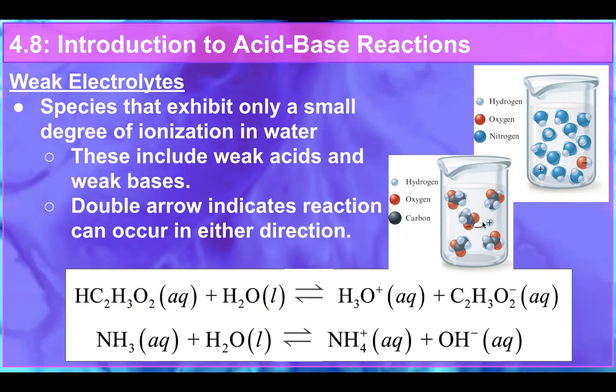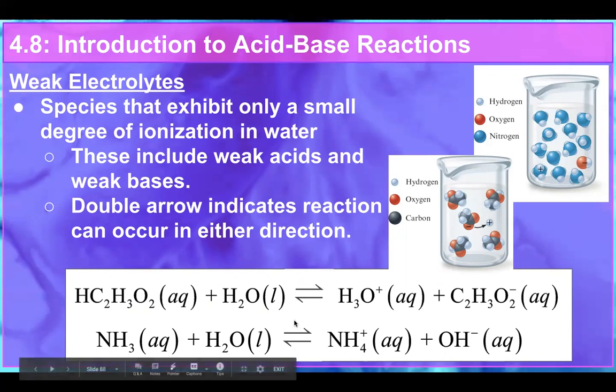Okay. So basically what a weak electrolyte means is that not all of the molecules that are put into solution would dissociate. Okay, so in this case, only 1 out of the 5 does.